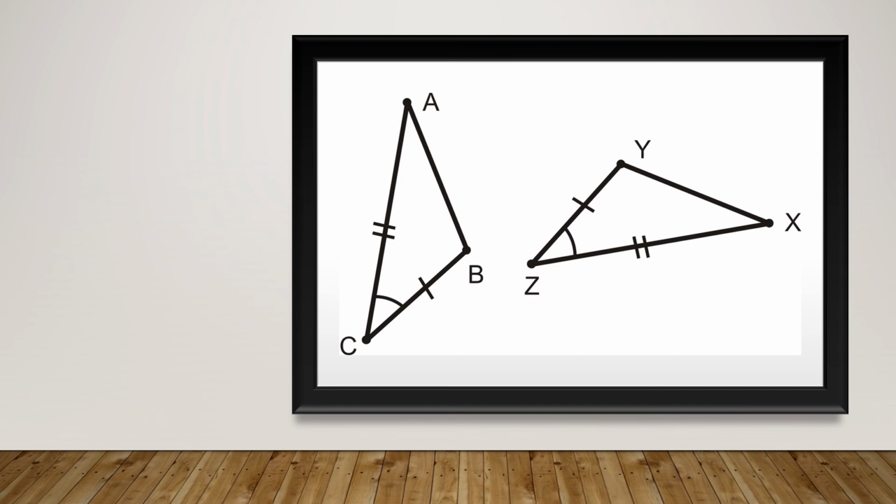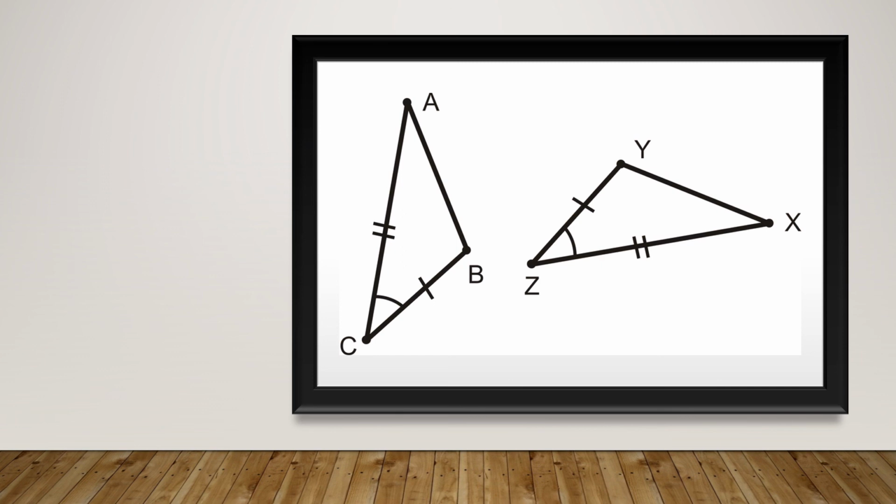Now let's look at these triangles. Notice that they're in totally different positions, and yet we have two sides that have the same tick marks and an angle that have the same arcs, which indicate there are congruent sides and at least one congruent angle here.